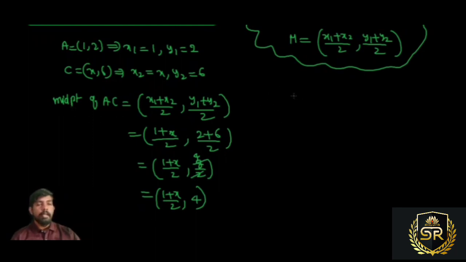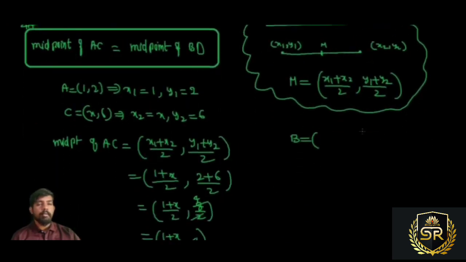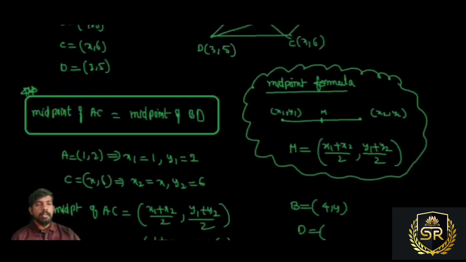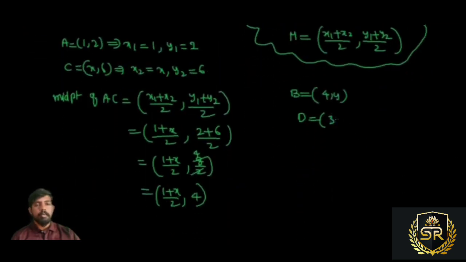Next BD. First of all, consider the B point, 4 comma y. The D point is 3 comma 5. Now x1 is equal to 4 and y1 is equal to y. x2 is equal to 3, y2 is equal to 5.